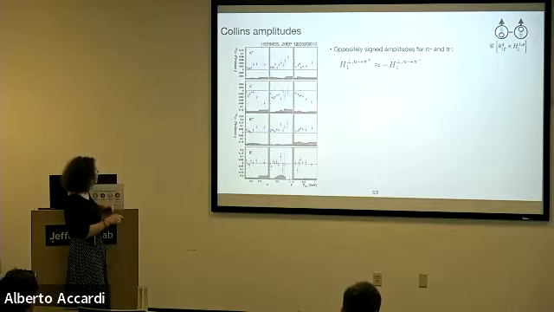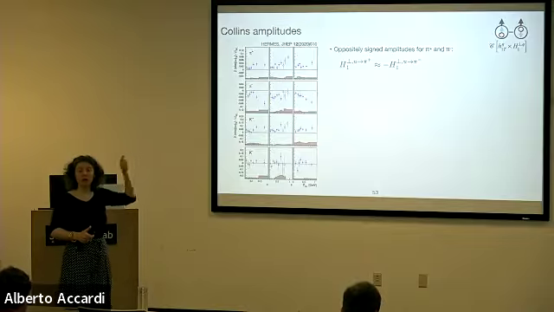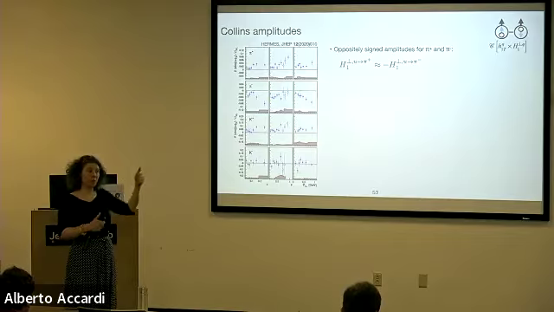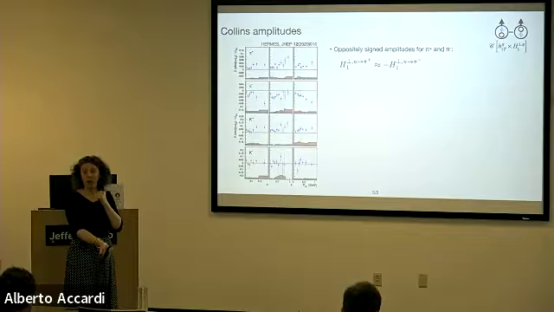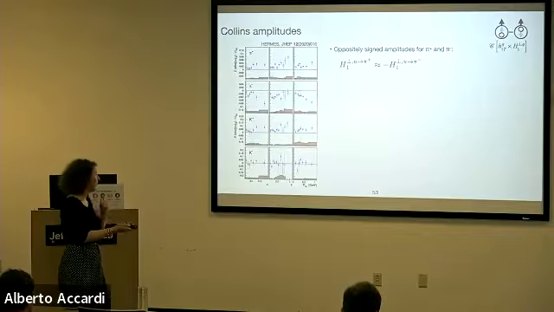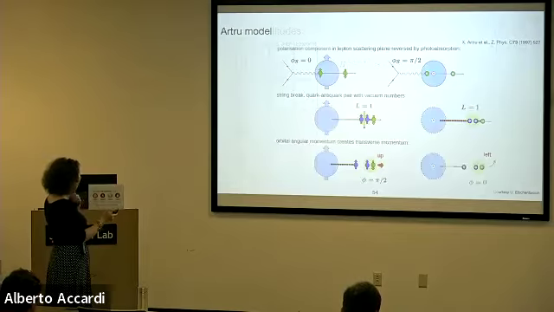And what you see is that they are opposite in sign. So this tells us that these two fragmentation functions, going from u to pi plus or u to pi minus, are opposite in sign. Okay? So that's one thing we can learn from the data.